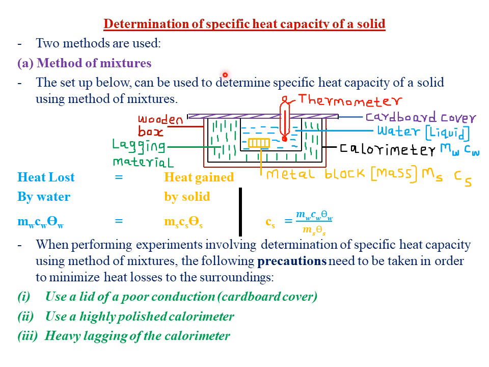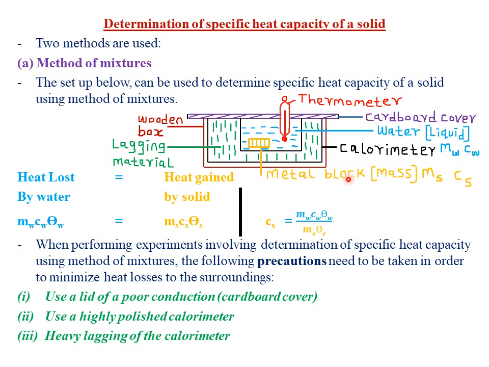So the setup below can be used to determine the specific heat capacity of a solid using the method of mixtures. The apparatus involved: one, you need a thermometer for measuring the change in temperature. We also need a liquid, in this case water, whose mass is known, that is MW, and whose specific heat capacity is known, that is CW.